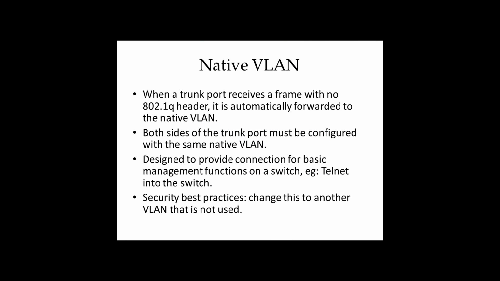But what happens when a frame comes in and it does not have a VLAN tag? Well, then it is automatically forwarded to the native VLAN. Essentially, at that point it becomes part of, in this case, VLAN 1, so it can then actually talk to any of the ports that are configured for VLAN 1.